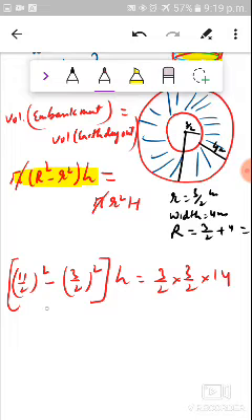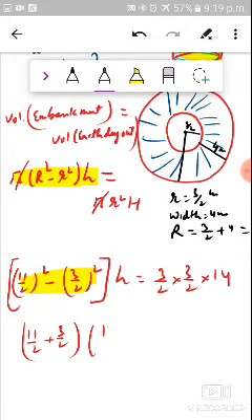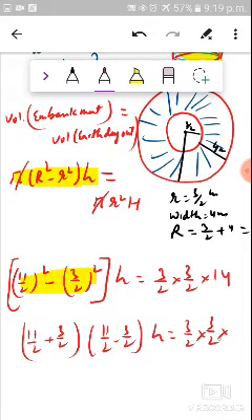Here we can apply a square minus b square, so (a plus b) multiplied by (a minus b) multiplied by h equals 3 by 2 multiplied by 3 by 2 multiplied by 14.